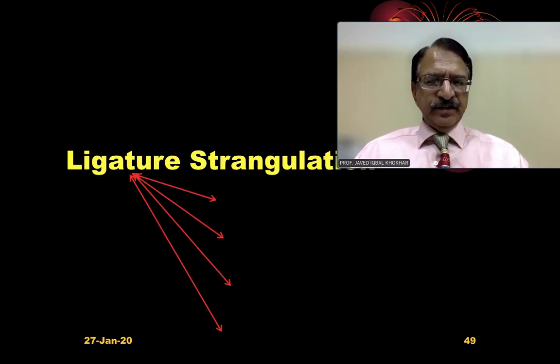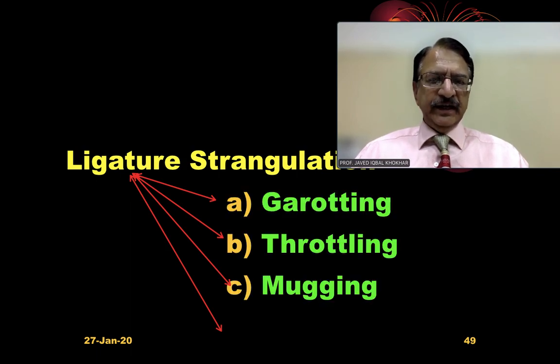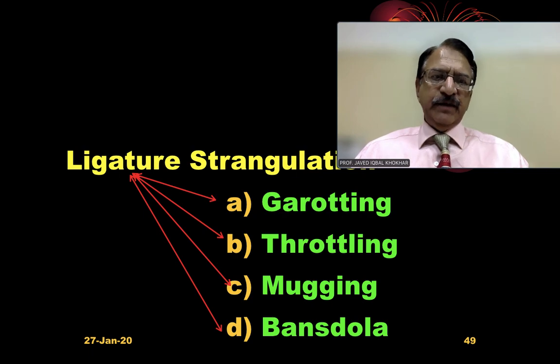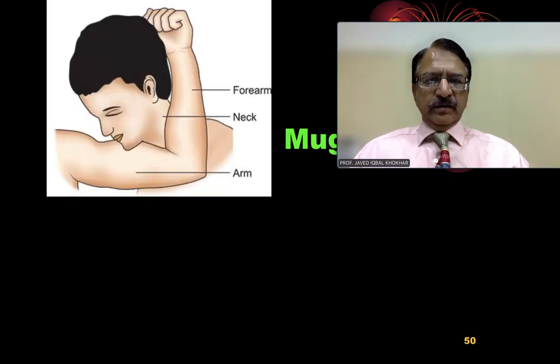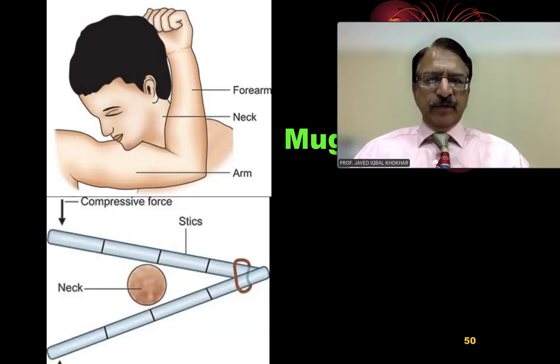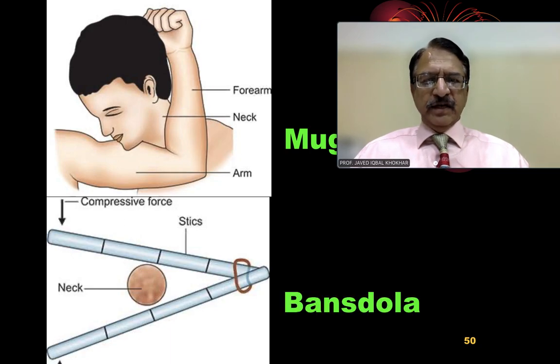And ligature strangulation can be garroting, throttling, mugging or Bansdola. This is mugging, compressing the neck in an arm lock, and the lower one is the Bansdola, where the neck is compressed between two sticks.